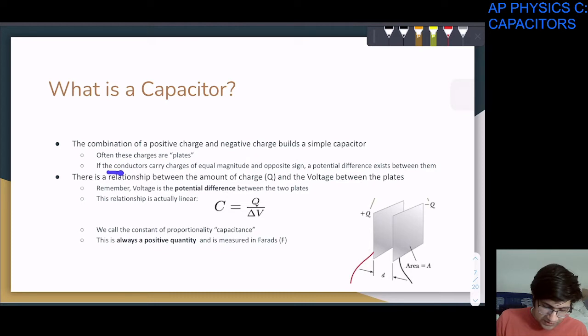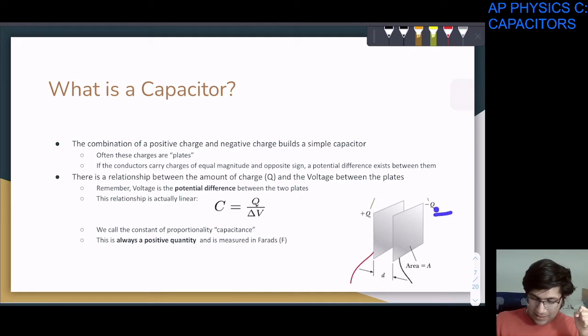If the conductors carry charges of equal magnitude and opposite sign, a potential difference exists between them. So what this is saying is that you have plate A over here with charge plus Q. Q is measured in coulombs. You have another plate of equal and opposite sign charge.